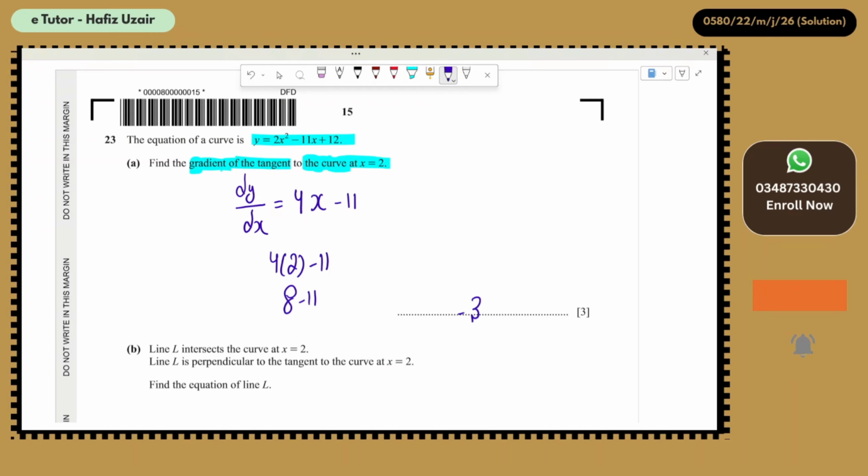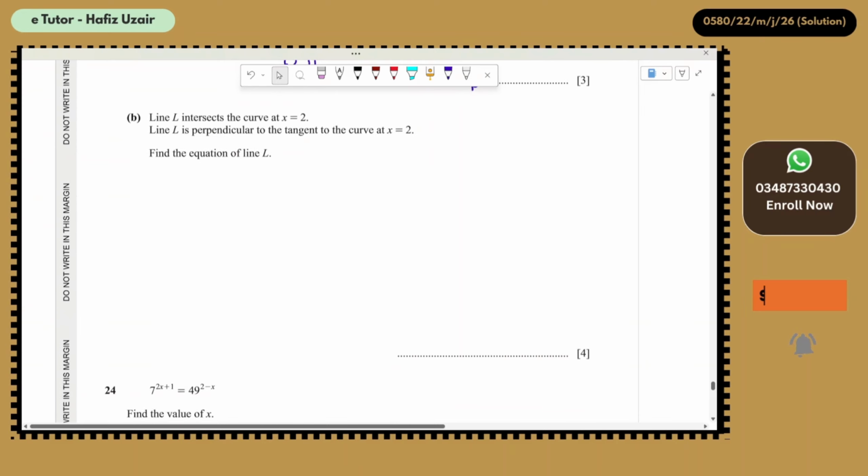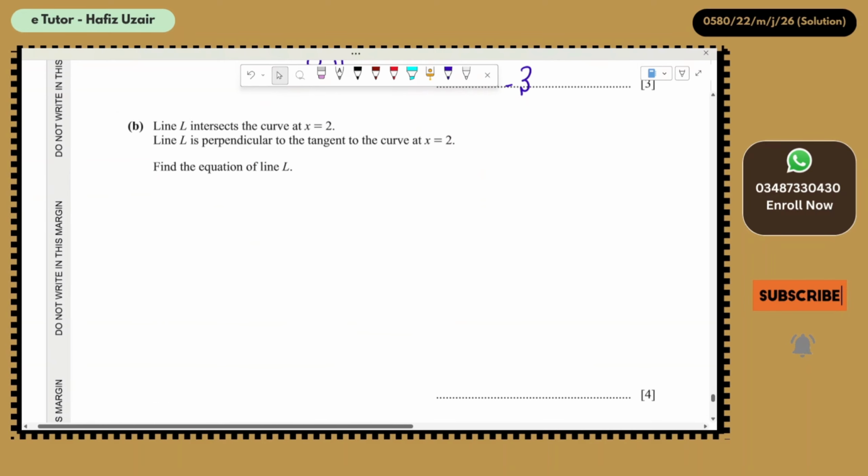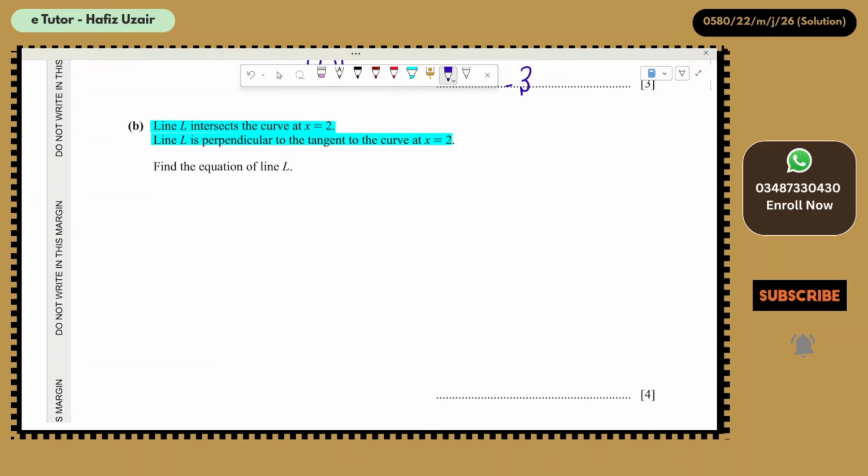Now this question is a bit tricky. Line L intersects the curve at x equals 2. Line L is perpendicular to the tangent to the curve at x equals 2. Okay, so let's say you have a curve over here, and let's say here is a tangent.